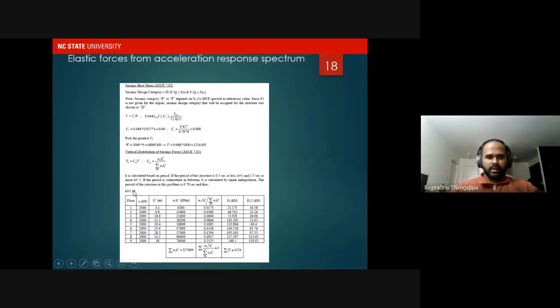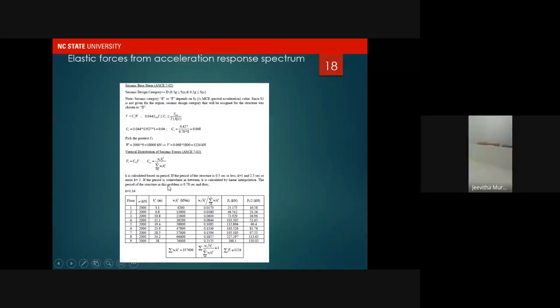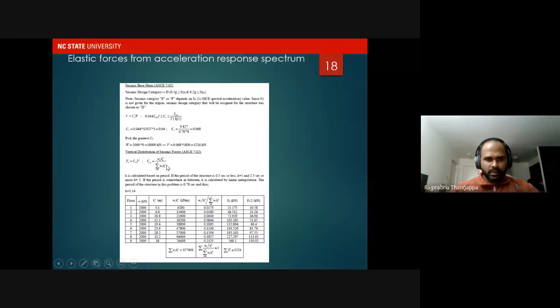And there is a factor K, which is dependent on the period of the structure, and since our period is 0.78 seconds, which is between 0.5 and 2.5 seconds, we have K values interpolated between 1 and 2, that would result in 1.14.